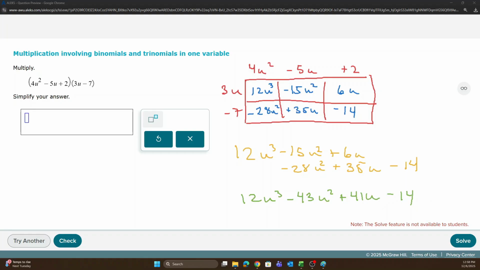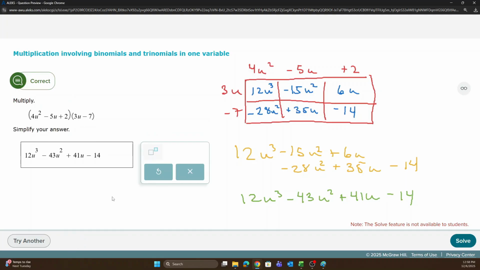Let's go ahead and write these out. 12u cubed minus 43u squared plus 41u minus 14. And that's it. All right, so let's go ahead and move on to the next problem set.